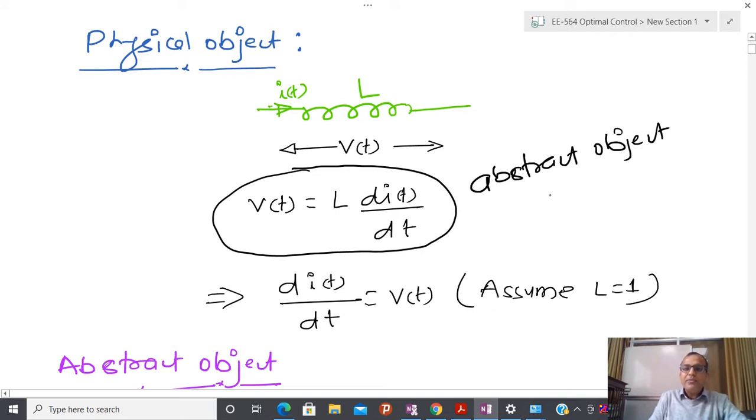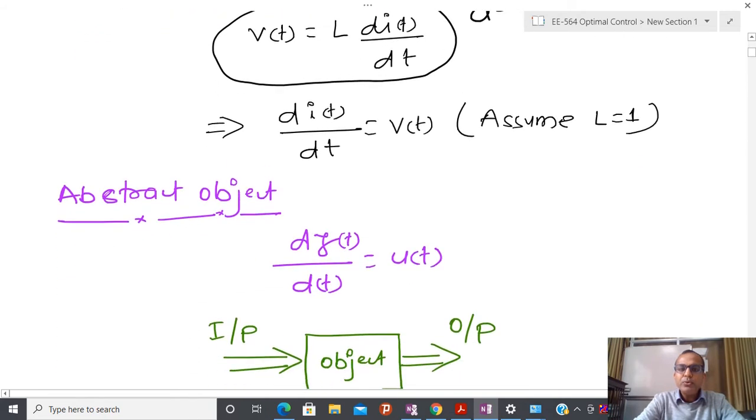Now whatever the behavior of this abstract object, I am going to match it with the physical object. Abstraction means it is possible to show that various objects can be captured using this kind of differential equation.